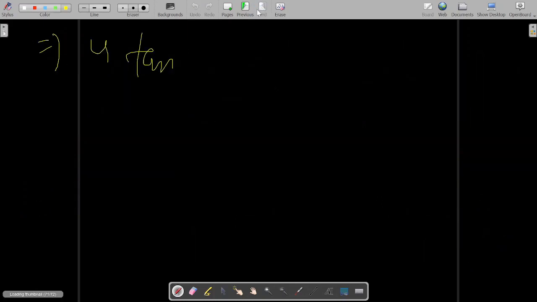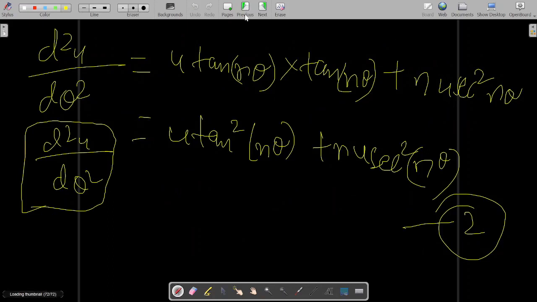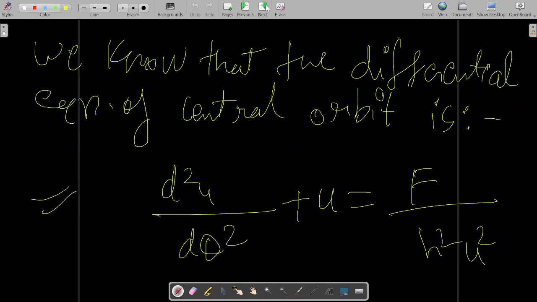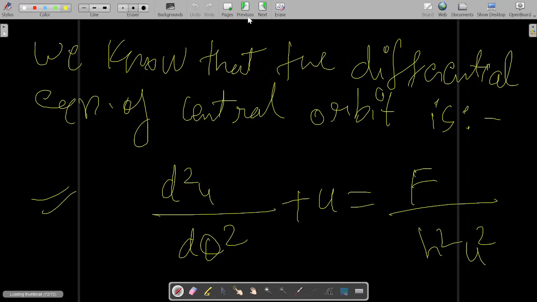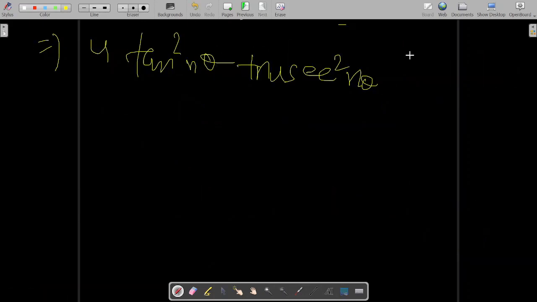After you make that substitution, what do you get? u tan square n theta plus n u sec square n theta, plus u, is equal to f divided by h square u square. This is the thing which you get.